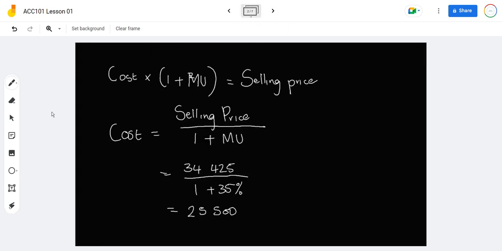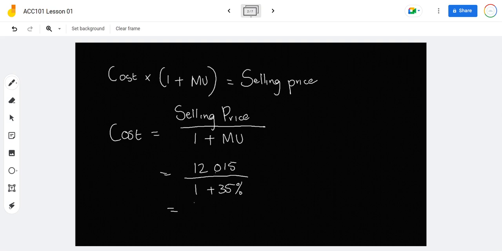You still remember, we have this formula here, and we know that on every single inventory of the business, we add 35%. So we're going to come here, then we'll say 12,015 over 1 plus 35%.